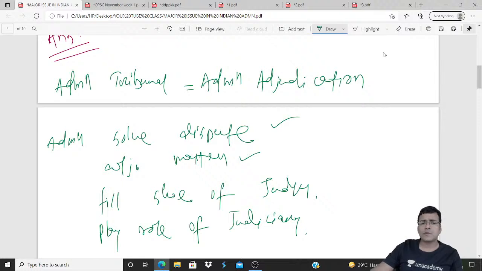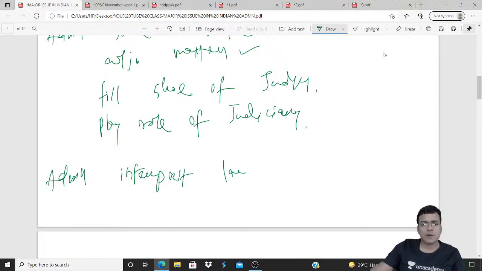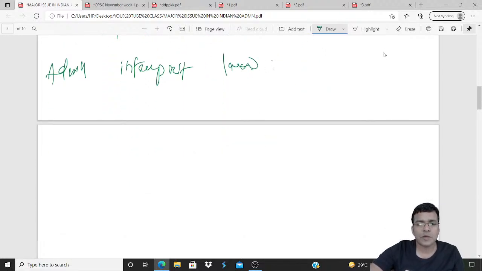This is known as administrative adjudication. So we can also say that the administration interprets law under the concept of administrative adjudication. And we can give an example.